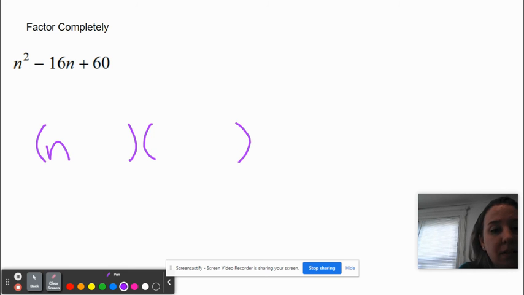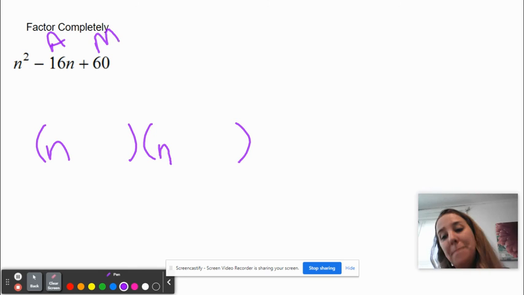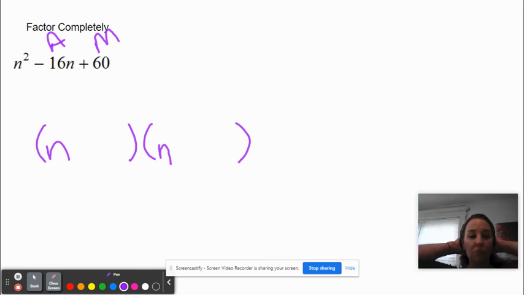All right, so we need, okay, we've got the ends, cool. We need two numbers that add to be -16, but multiply to be 60, okay? So think about it. We need them to add to be negative, but multiply to be a positive. Meaning, how do you multiply and get a positive?